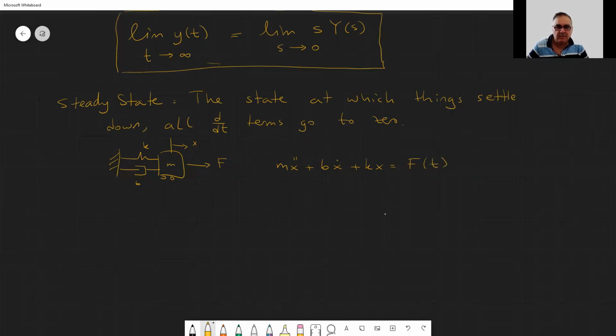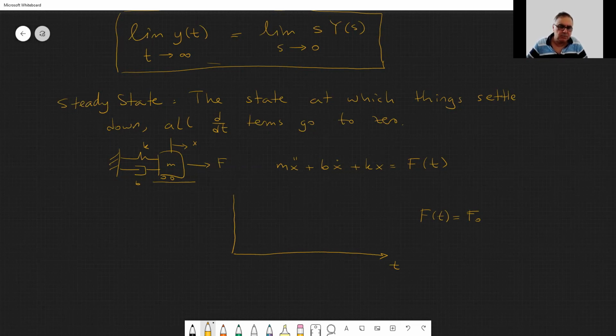Now, if you have this system, and if you suddenly put a force on this system, what happens? A force that is constant. Let's say f of t equals some f0. Okay.